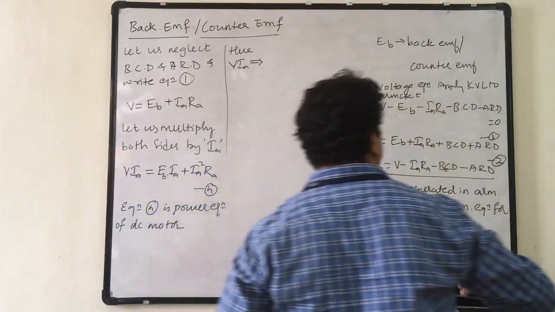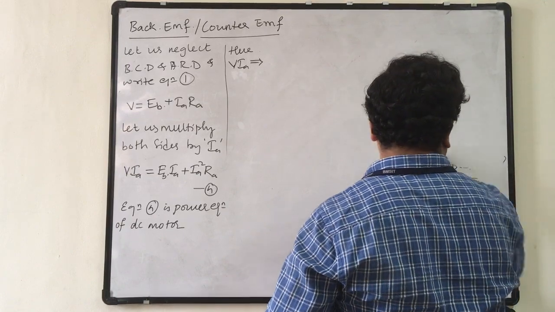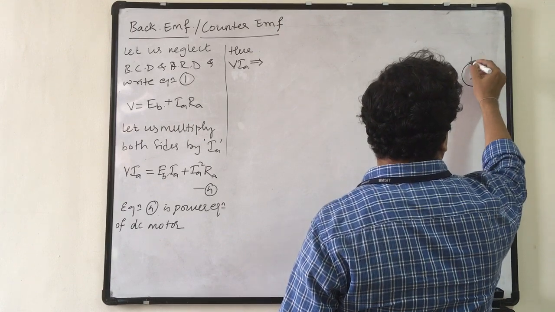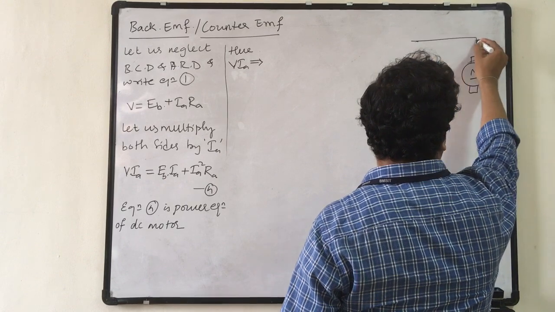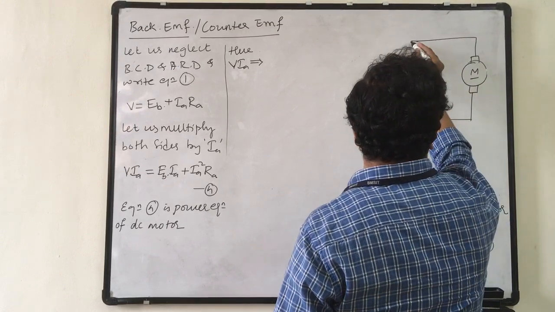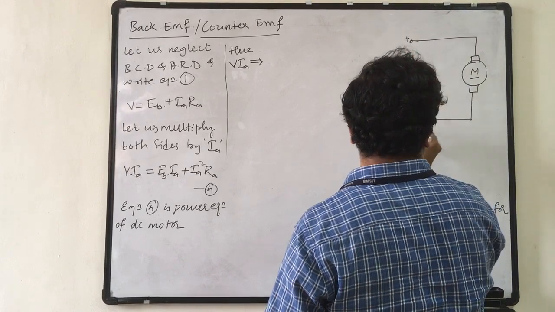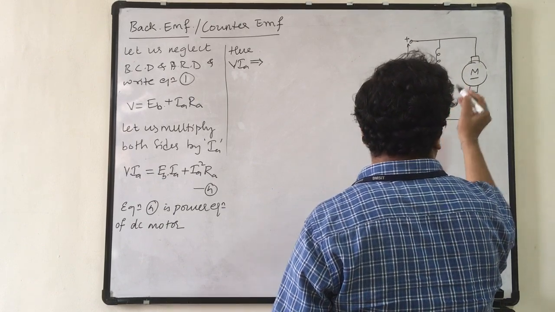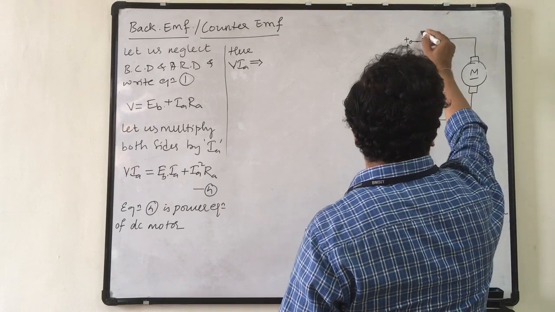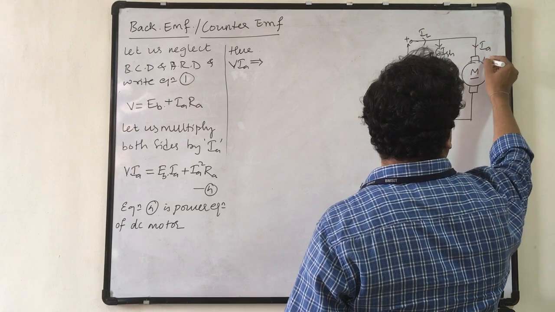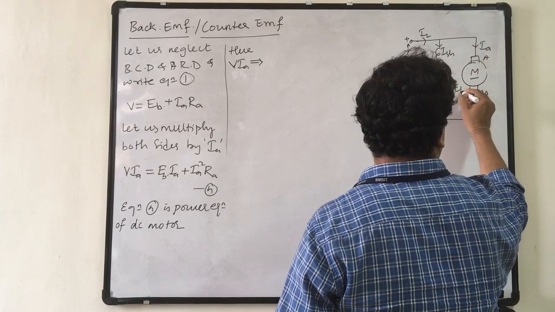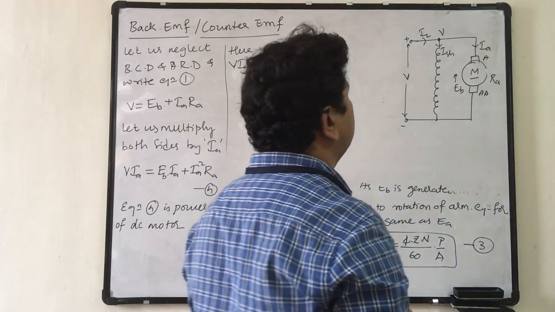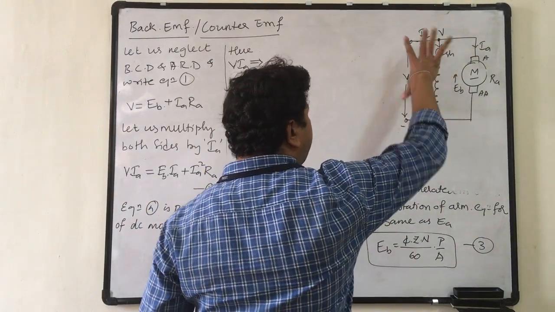I will redraw this circuit diagram. Now this is voltage V, because this shunt field winding is exactly across the supply.